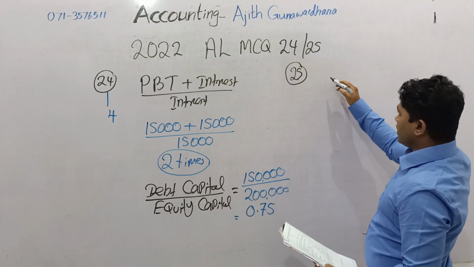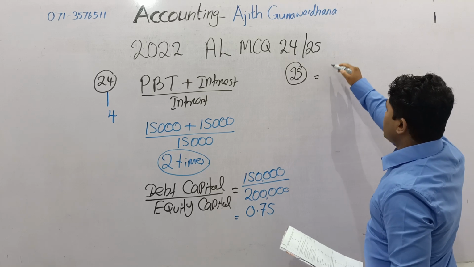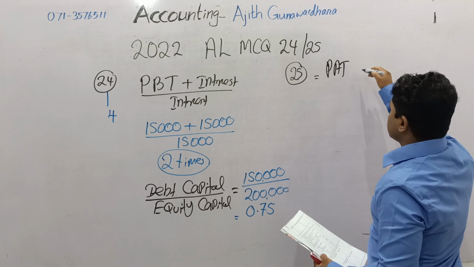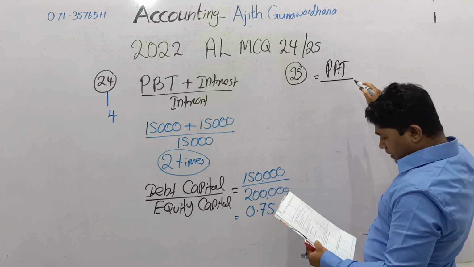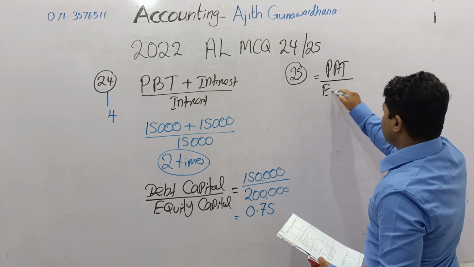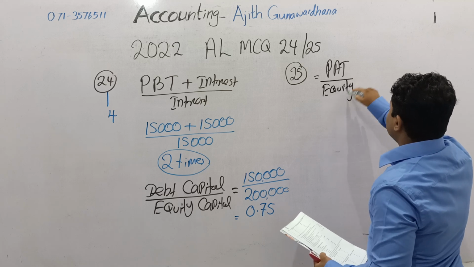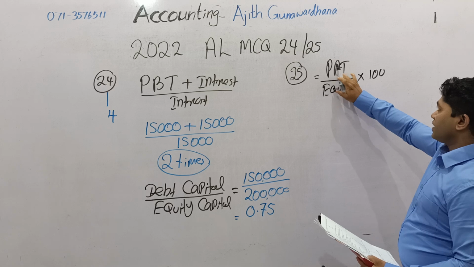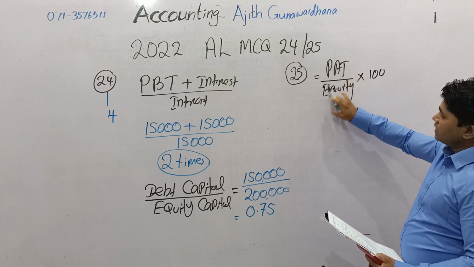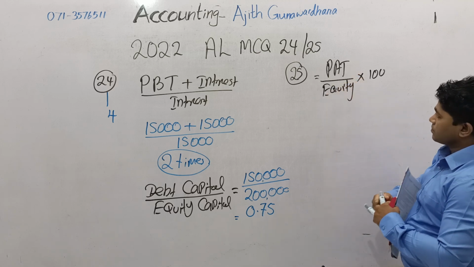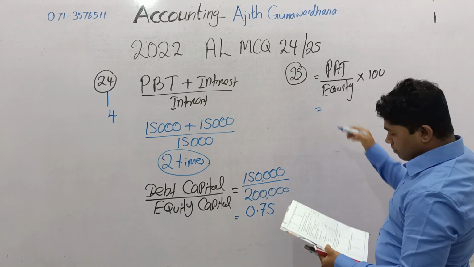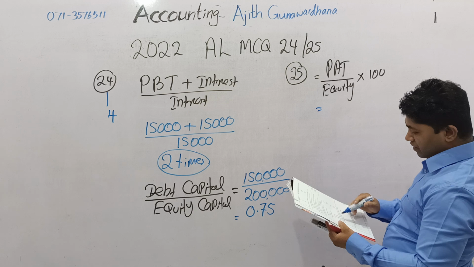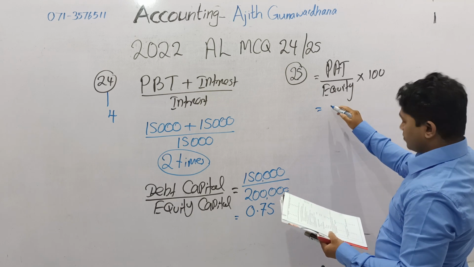Return on equity ratio can be calculated as profit for the year, which means profit after tax, divided by equity into 100 as a percentage. Profit for the year is calculated as profit before tax minus income tax.